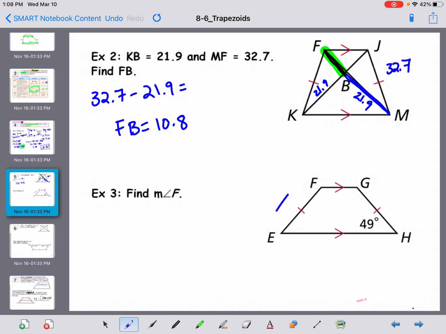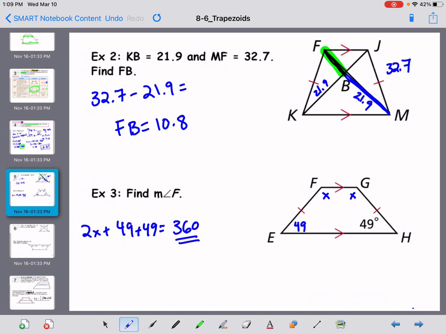All right. Finding the measure of angle F. Well, that's pretty much like the first problem I worked. So base angles are the same. So this would be an X, G would be an X, and I'm going to say 2x plus 49 and 49, I don't know what that is off the top of my head.